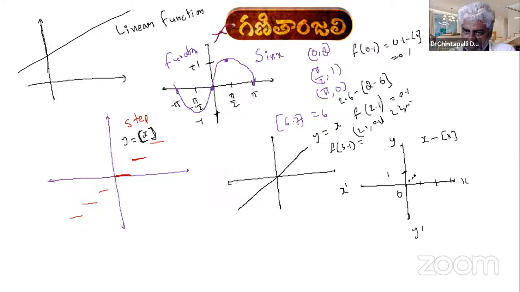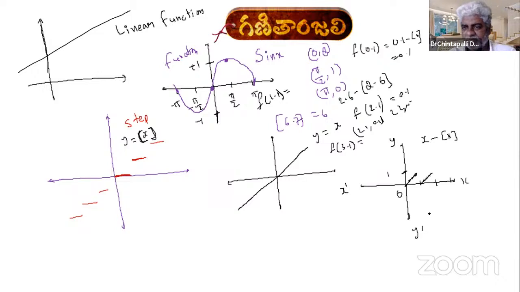F of 0.3 is 0.3. Next, f of 1 is 0, f of 1.1 is 0.1, f of 1.2 is 0.2, f of 1.3 is 0.3.